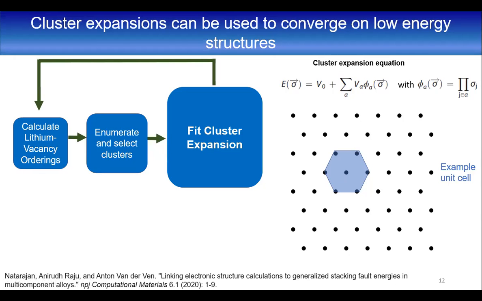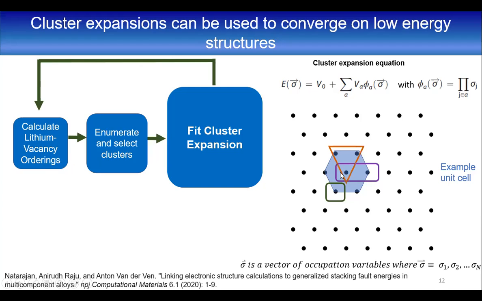So this cluster or this correlation function right here is going to be a function of the different clusters, which are pretty much going to be the different points or pairs of points or triplets of points where these points are atoms that you have in the system.